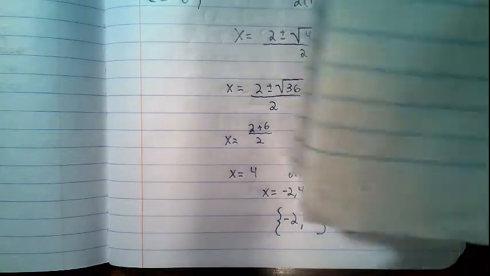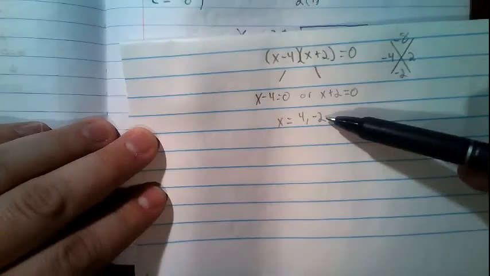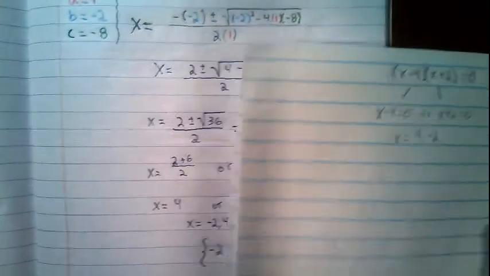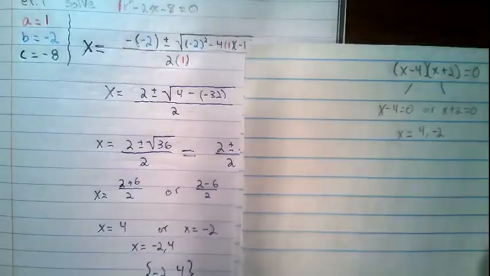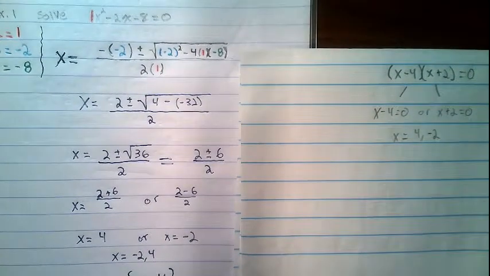And if you take a look back at what we had previously, we still got x equals 4 and negative 2. But let's take a look at side by side here. The right side we solved by factoring, and the left side we solved by using the quadratic formula.